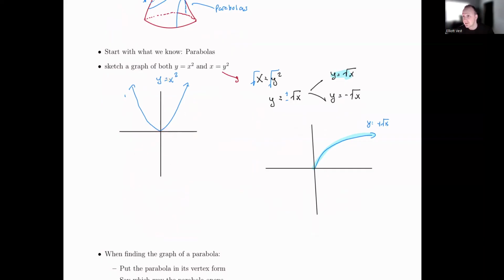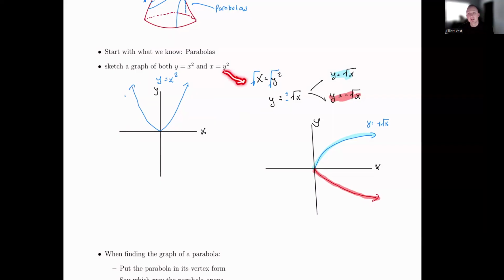The same thing happens for radicals as well. That's like the fact of adding a negative to the equation. Let's color this red here. Our negative square root of x looks like this. And what do you know? This also ends up being a parabola, but now we're looking more sideways instead of up and down here, right? If this is my x and y axis, this is my x and y axis.